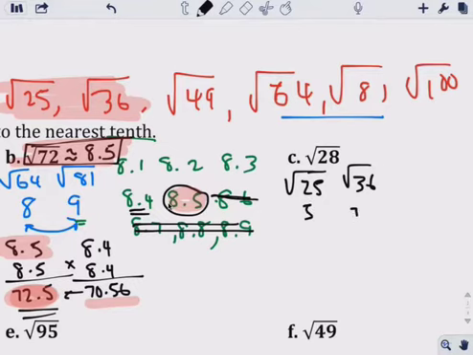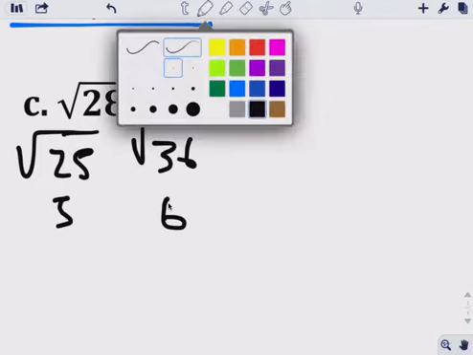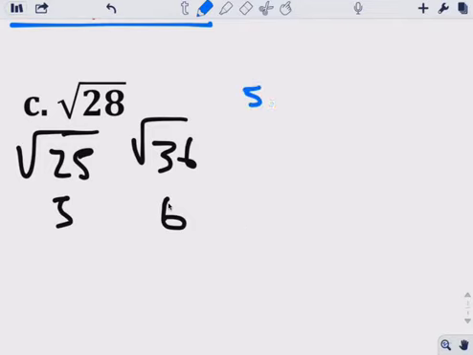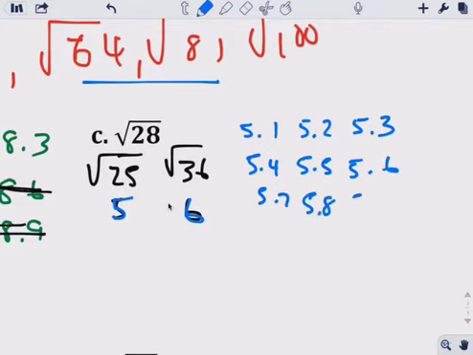So the numbers between 5 and 6 are 5.1, 5.2, 5.3, 5.4, 5.5, 5.6, 5.7, 5.8, and 5.9.